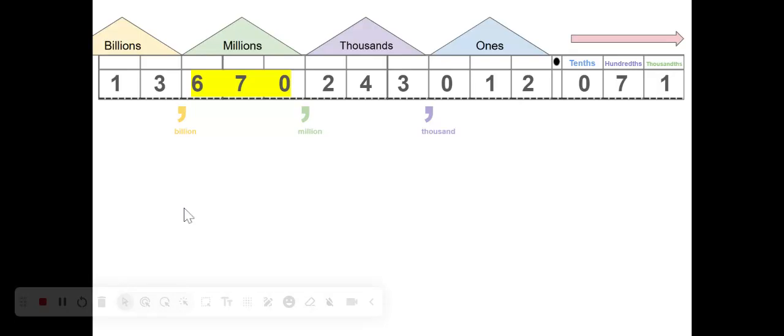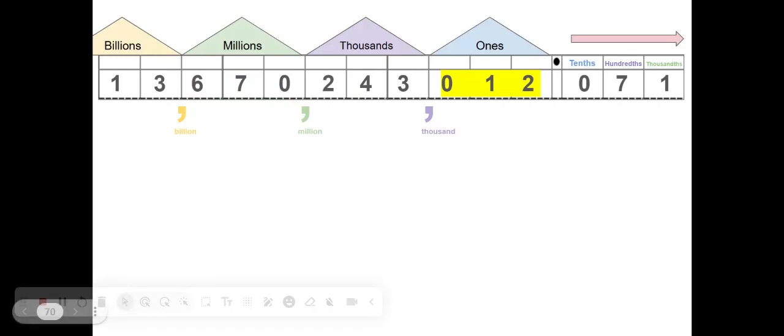Then look just in the next period and we see it as 670. And then we say the comma's name, million. Look at the next period, 243, and then we will say thousand. Then we look at the ones and we say 12. We do not say "and 12," we simply say 12.